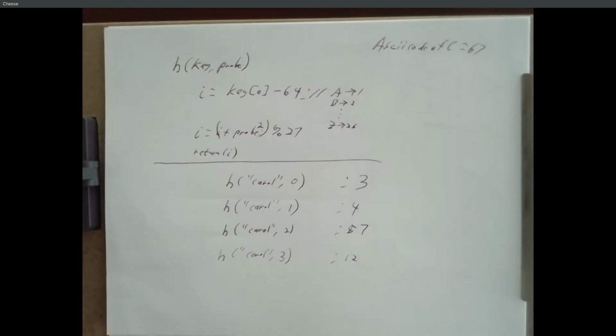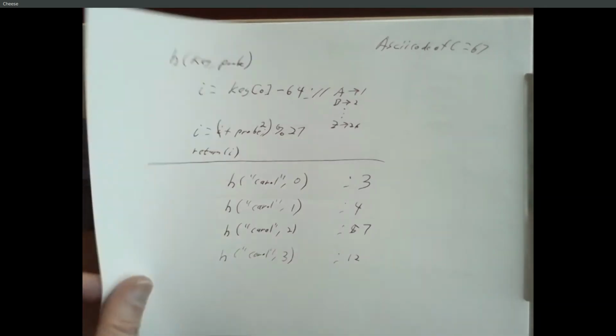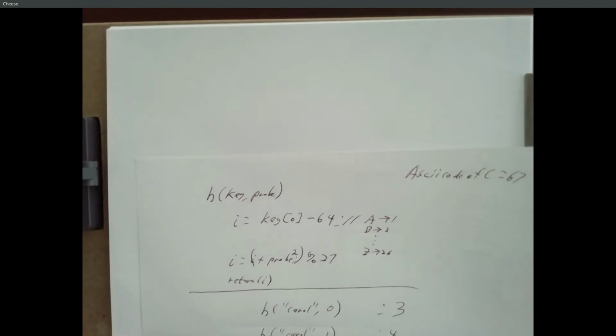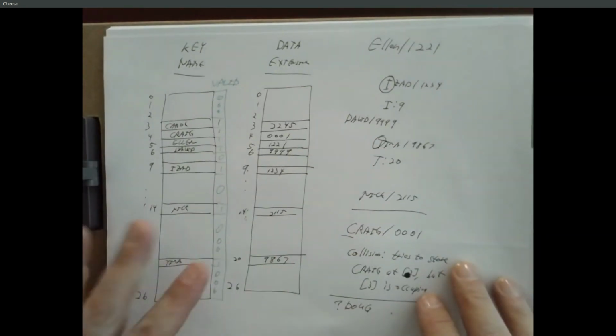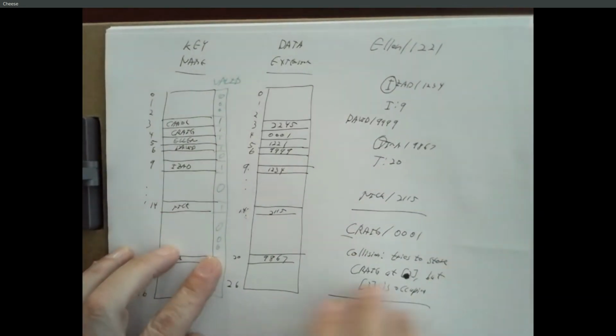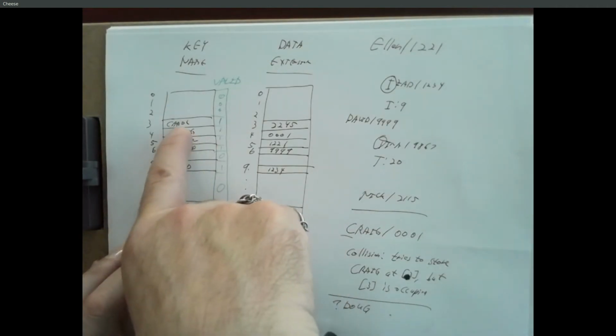So, can we just briefly go over again why clustering is such a bad thing? So the issue with clustering, I may still have a nice picture. The issue with clustering was that C tried to get stored here.